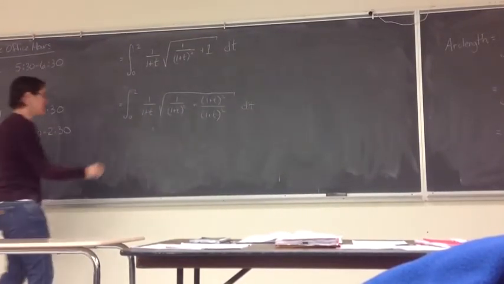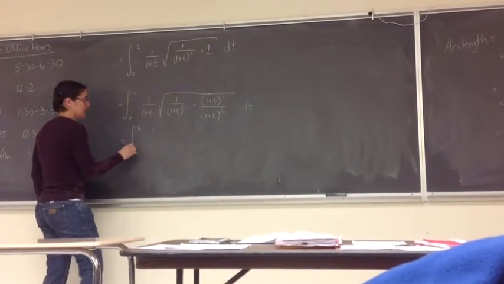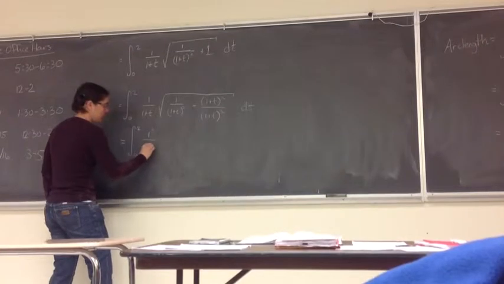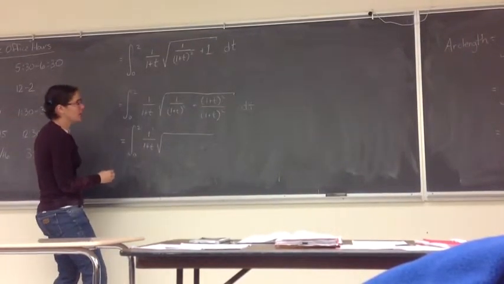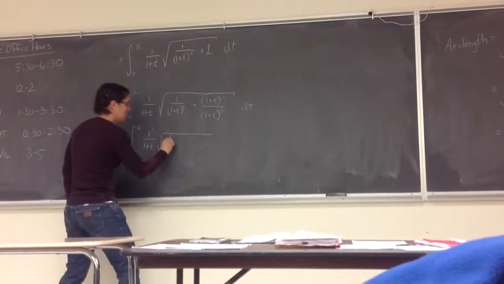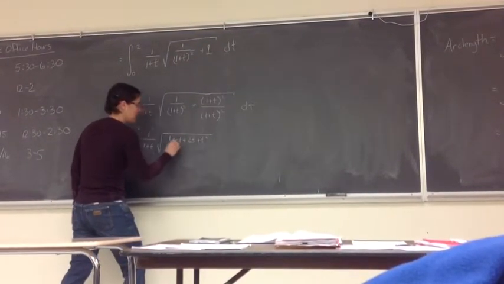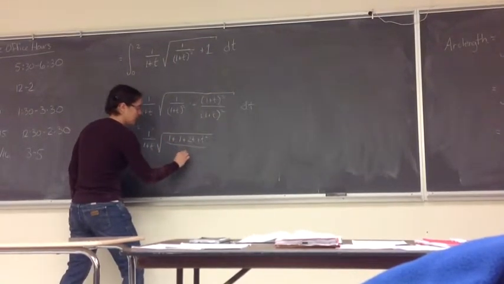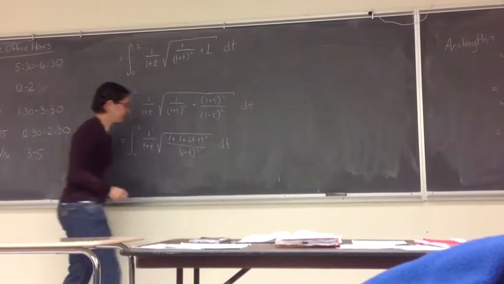And then we can combine these like terms. The integral from 0 to 2 of 1 over 1 plus t times the square root of 1 plus 1 plus 2t plus t squared over 1 plus t squared dt.